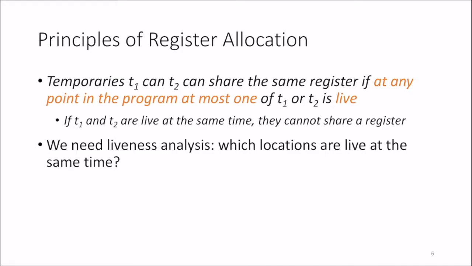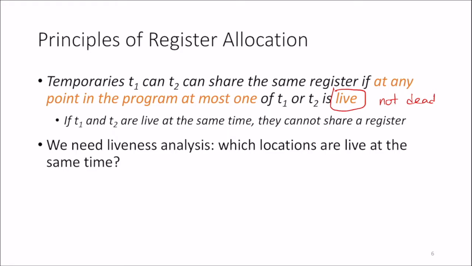So temporaries here stand for both of those things, any location really. And you can share the same register for any two locations if at most one of them is live, right? Live means that it is going to be used later. So live means not dead. As we saw, dead means it's not used anymore. So live, the opposite of dead, means that it is going to be used.